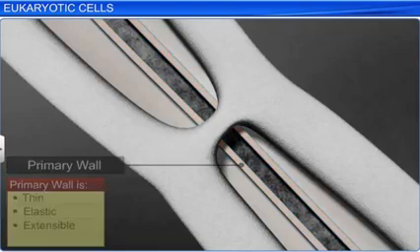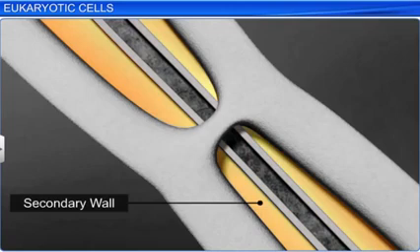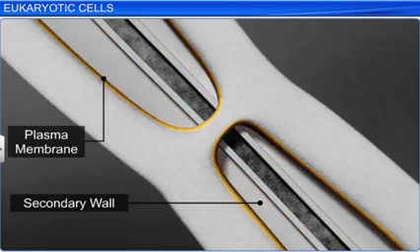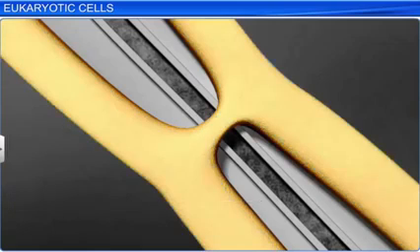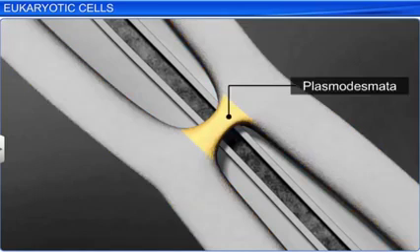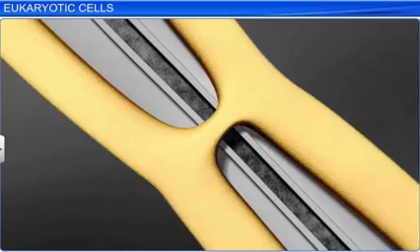The secondary cell wall develops after the cell has matured. It is formed on the inner side of the cell and faces the plasma membrane. Interestingly, the secondary cell wall and lamellae do not occur as continuous layers, as they are interrupted by plasmodesmata, fine strands of cytoplasm that facilitate the transportation of materials between different cells in a plant.